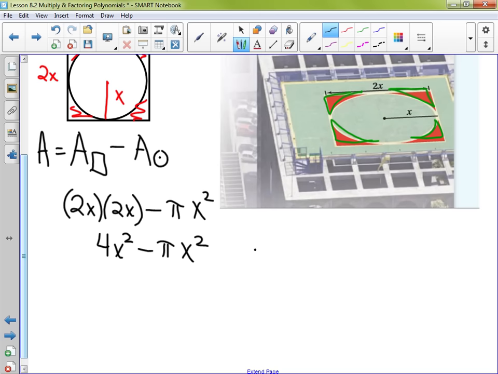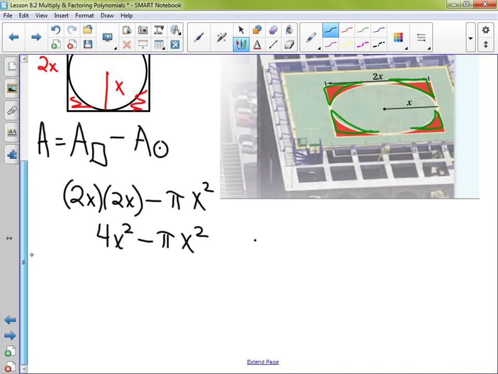I'm almost done. If you look at this expression, you'll notice both of these terms include an x squared. X squared is the greatest common factor for this expression, so I'm going to factor it out.